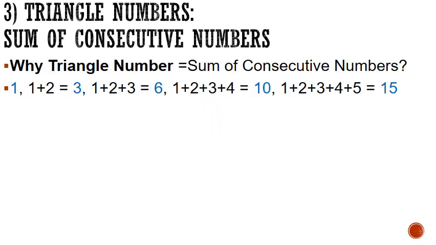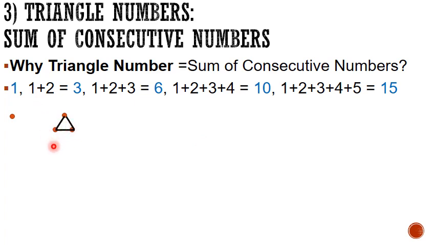So why do we call these numbers the triangle number or triangular number? If I put them in a diagram, this is what it will look like. 1 obviously is just one dot. 1 plus 2, one dot plus another two dots here.